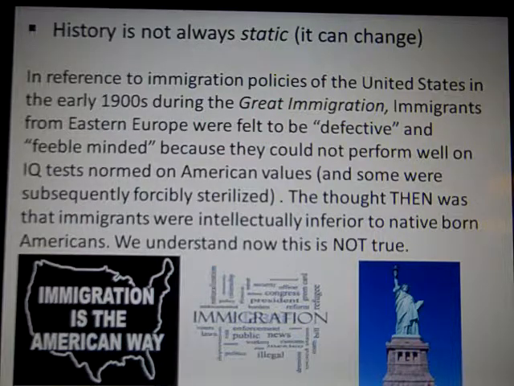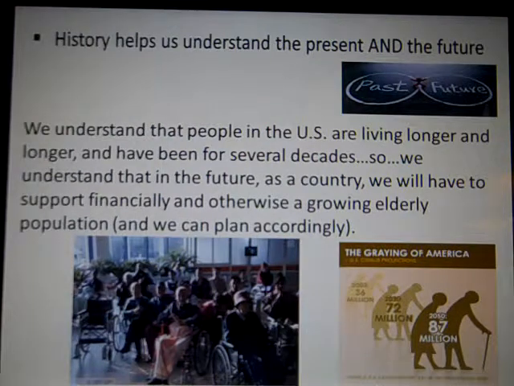We forced them out of the reproduction market because we didn't want dumb people, quote unquote, or feeble-minded people, quote unquote, reproducing, because they would produce more stupid people or feeble-minded people. That was the thought at the time. So we've hopefully learned from that. We understand that's not really the way things are or should be.